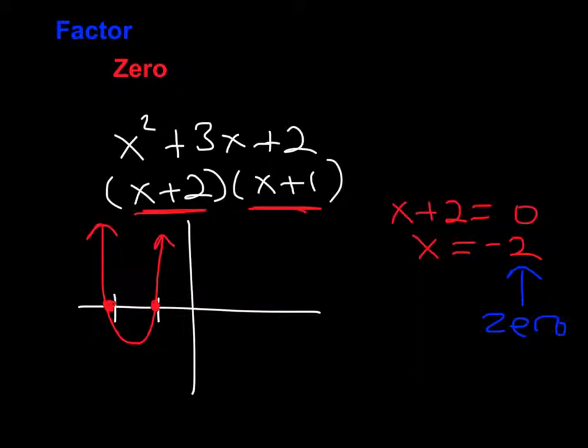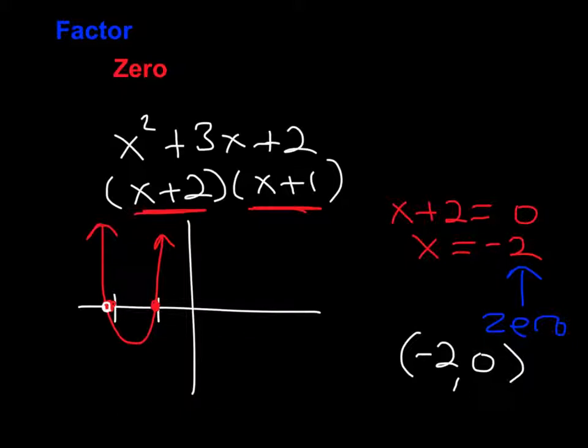And if I set each one separately equal to 0, then that's the zero. And that is where my polynomial is crossing the x-axis. I hope you notice that the point negative 2, 0 is on the graph. This point right here was negative 2, 0, and this was negative 1, 0.